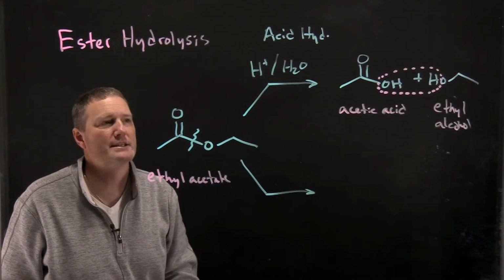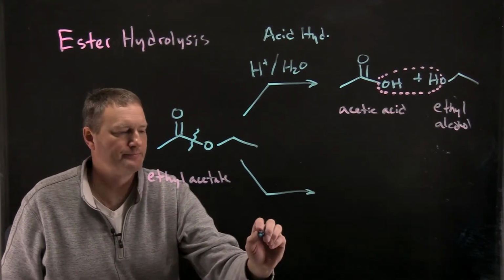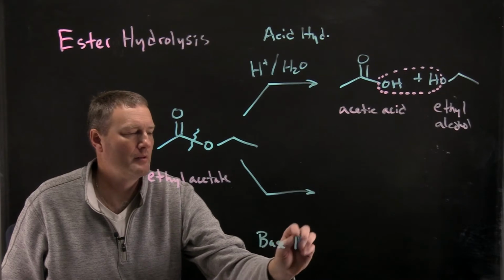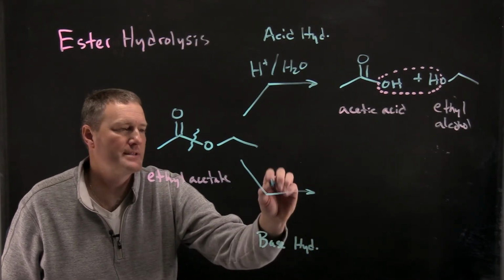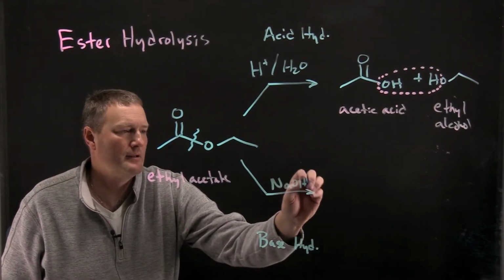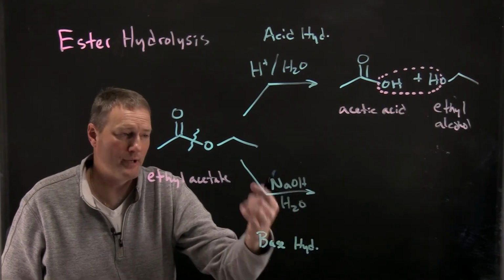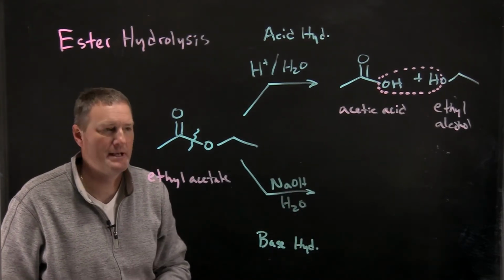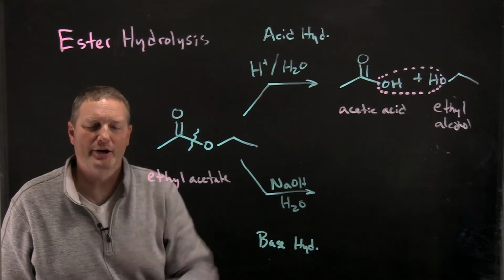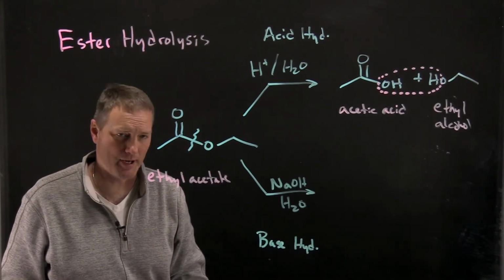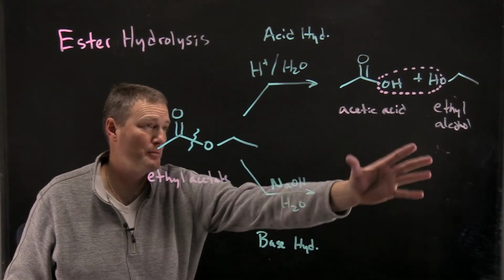We could also do this in the presence of base. So if I say use sodium hydroxide, and you also need to have water present because we're doing a hydrolysis reaction, essentially the same reaction is going to occur. We're going to break this bond apart and get to our two components.